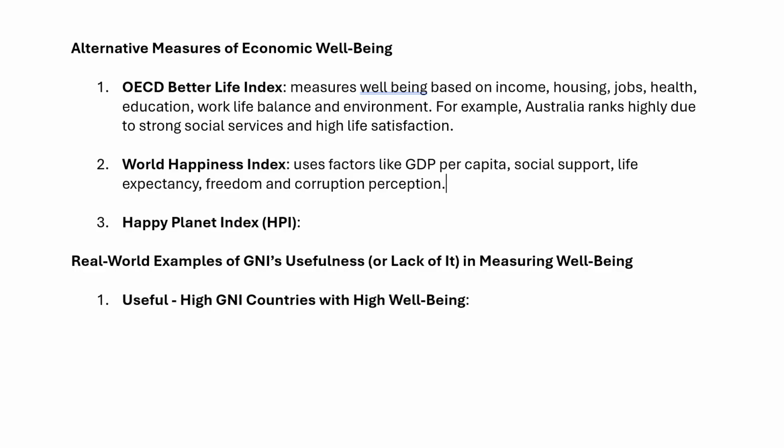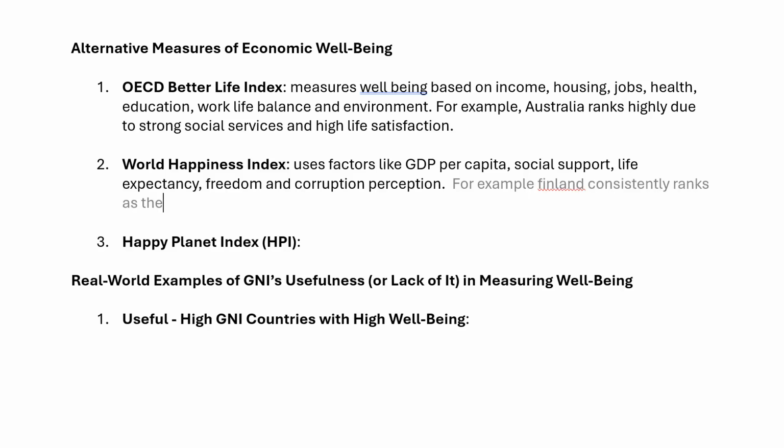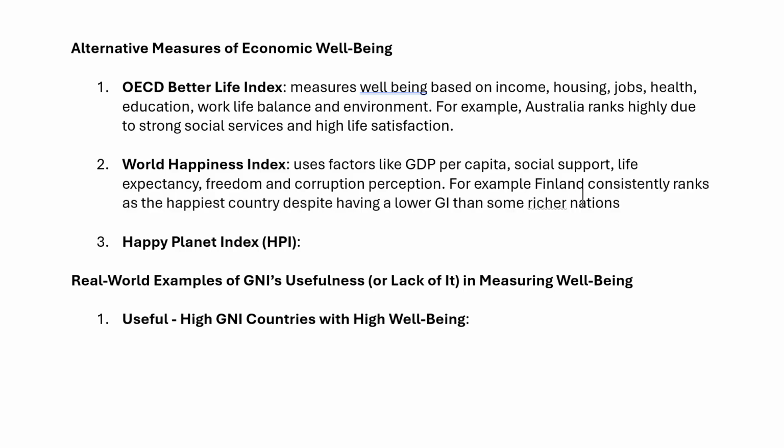For example, Finland consistently ranks as the happiest country despite having a lower GNI than some richer nations. So yeah, the Scandinavians are famously happy people, despite potentially having low GNI.